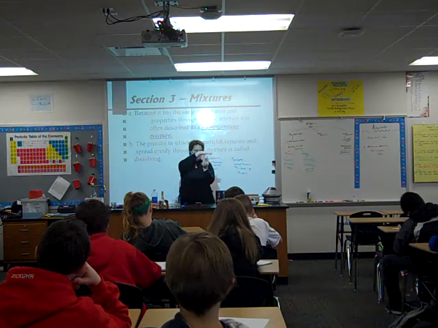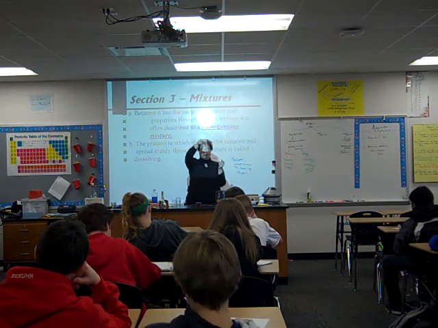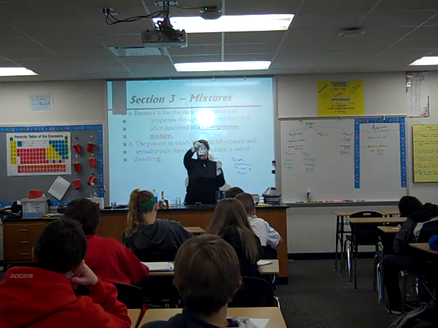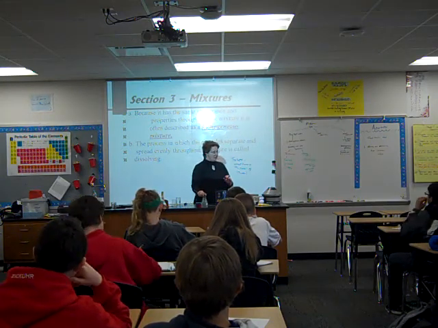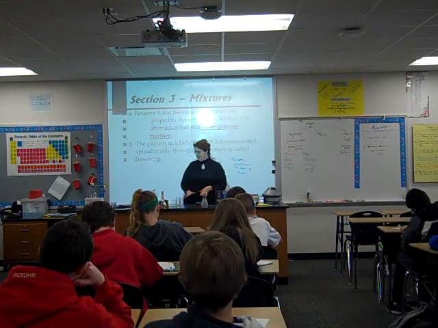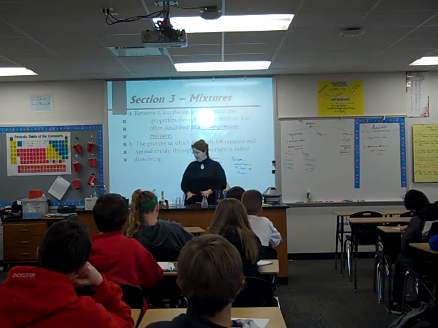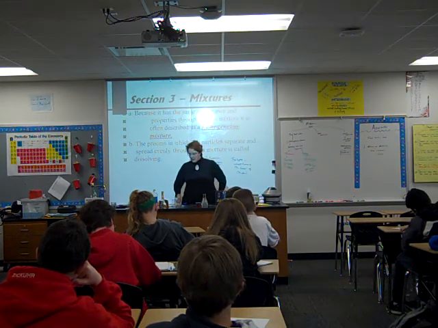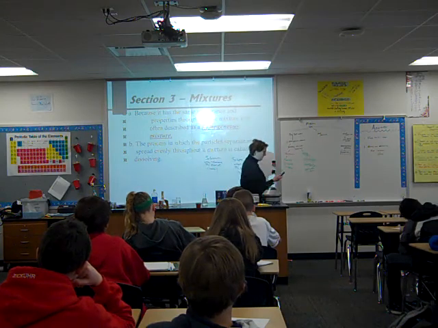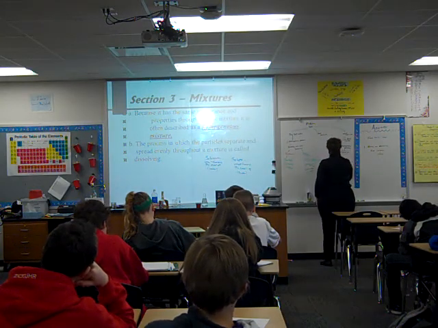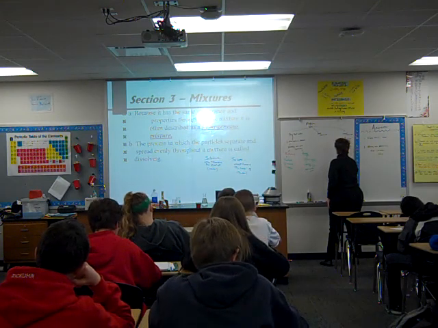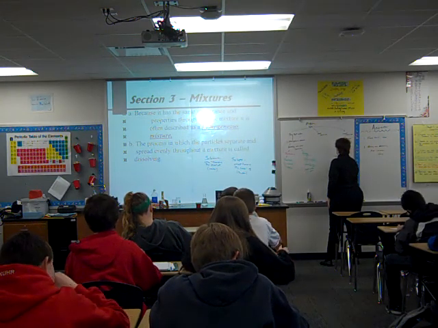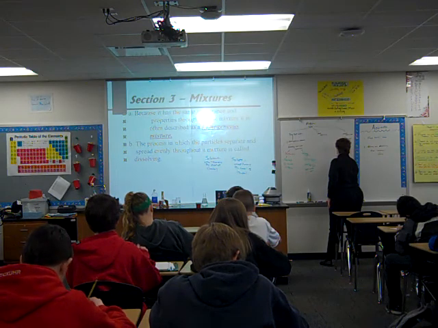Okay? So here it still looks a little cloudy, but if we gave it a few more minutes, this would clear up as all of the pieces would get so small that we could not see them anymore. Does that make sense? So these are our first 3 vocab words under solution: solute, solvent, dissolved, or dissolving.